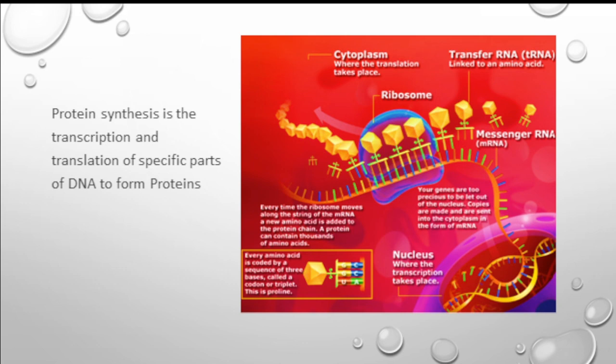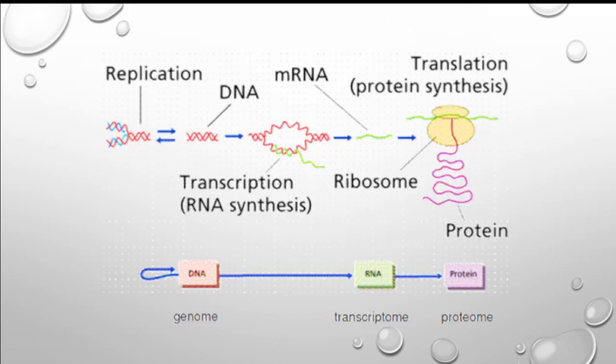You will learn more about transcription and translation in other lectures. Here we have a representation of the central dogma. This is self-explanatory. I don't think this requires much explanation.